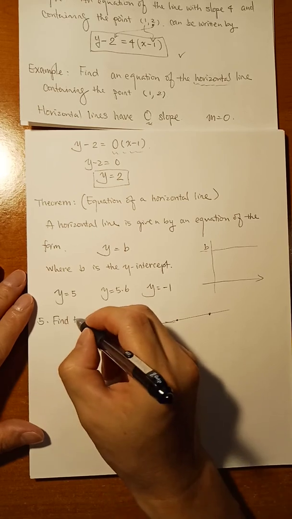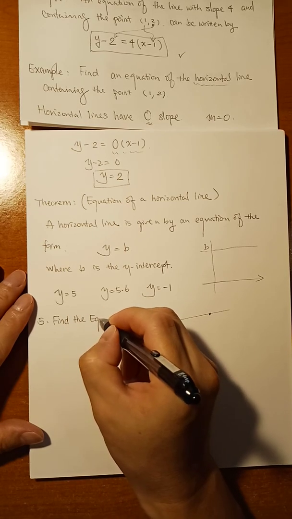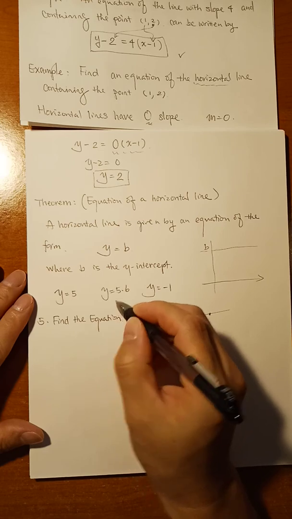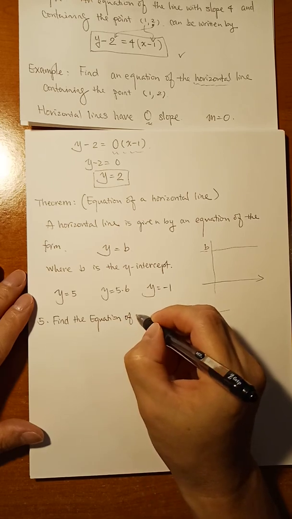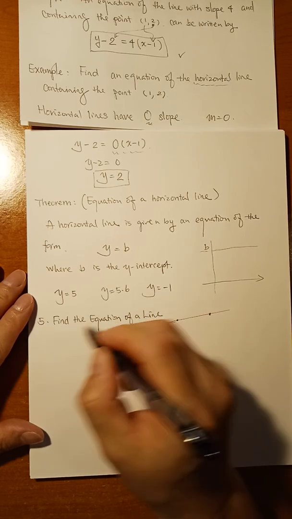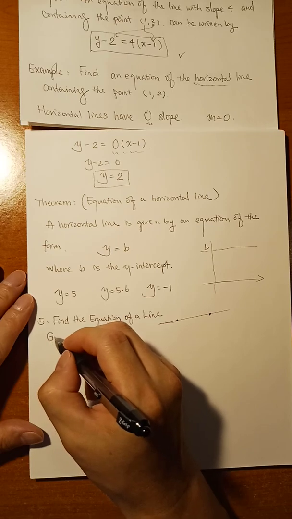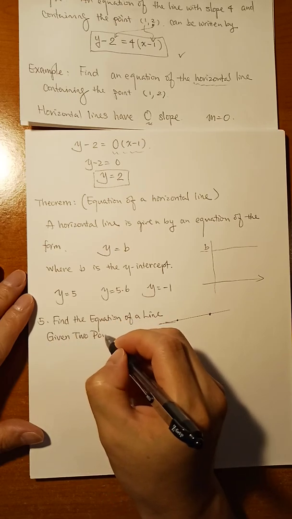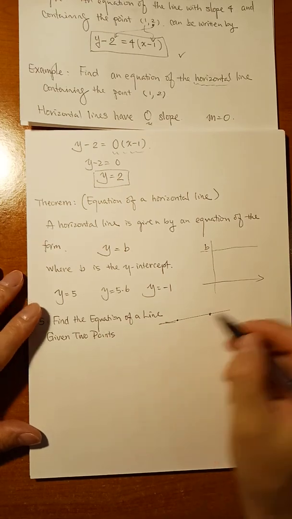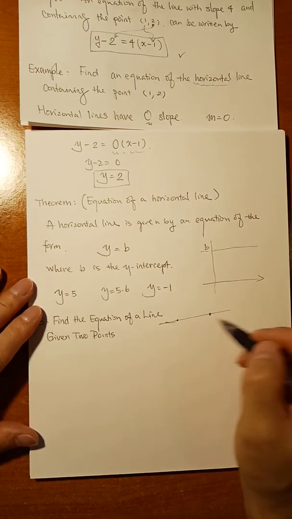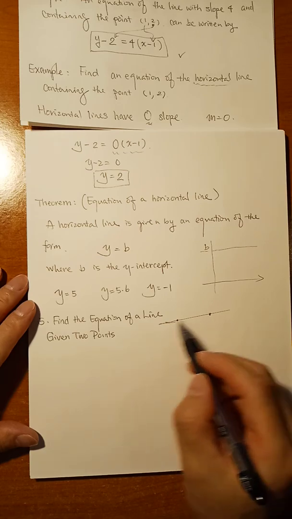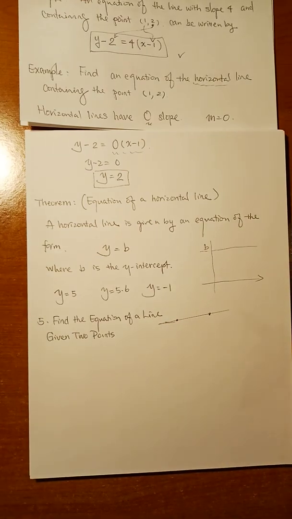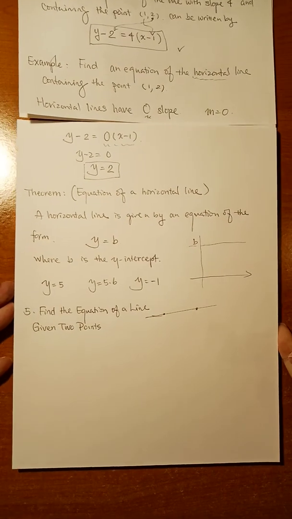So find the equation of a line given just 2 points. Every 2 points will determine a line. Find the equation of a line given 2 points, no slope directly given.